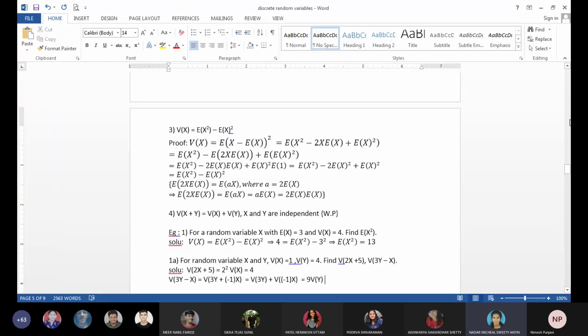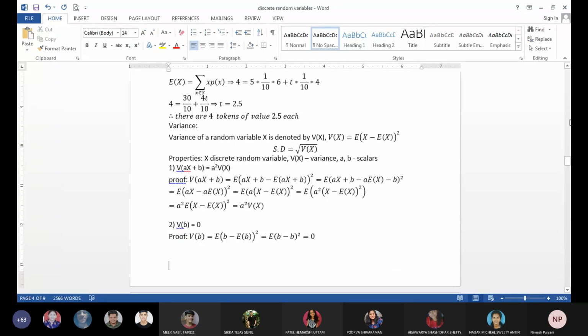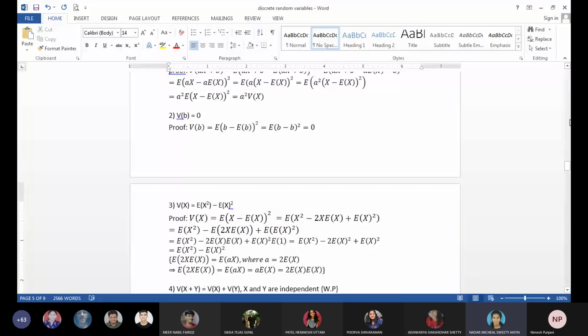Yes, sir. Now what is the second term? That is the important one. Plus 1 square. minus 1 का square. It will become 1. So it is variance of x. So 9 plus 28... so 37 answer. 37 answer है.